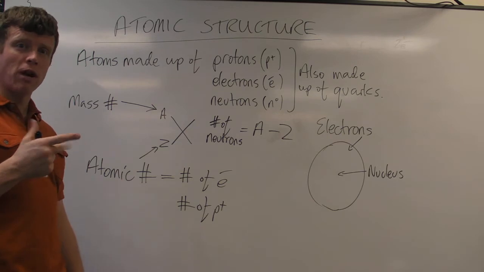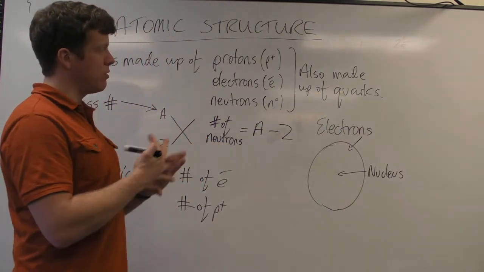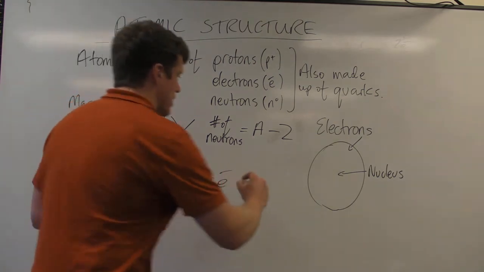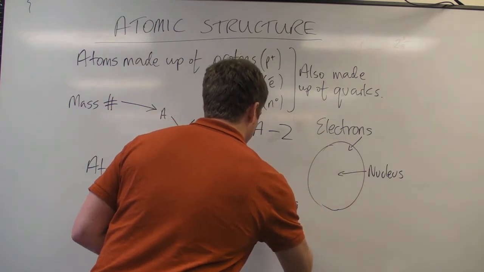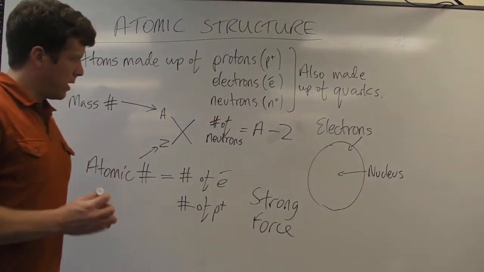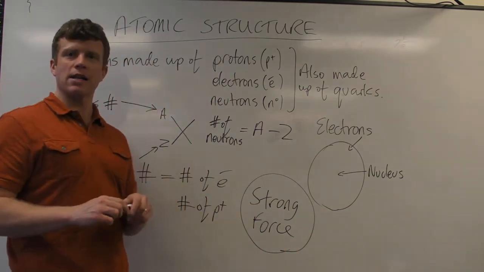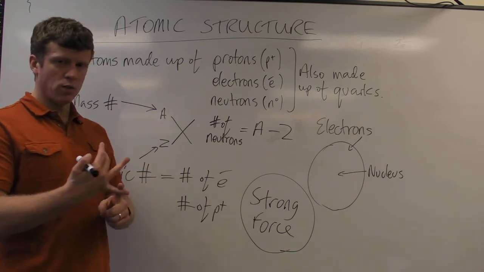So you're probably wondering, if you have a nucleus that just contains protons and neutrons, how do they stay together? Well, the answer is something called the strong force. There are four main forces of nature. Gravity is one.